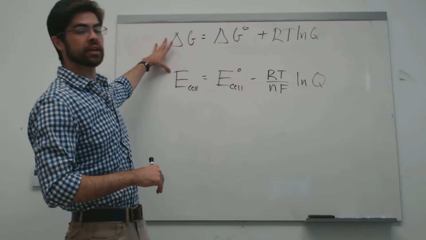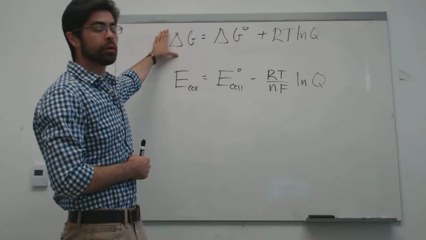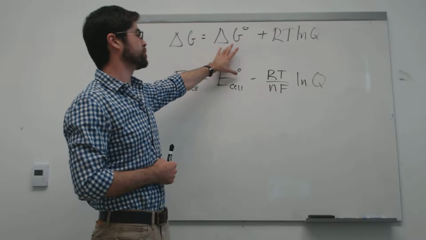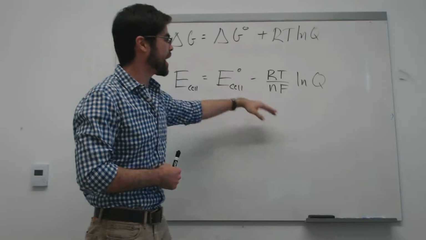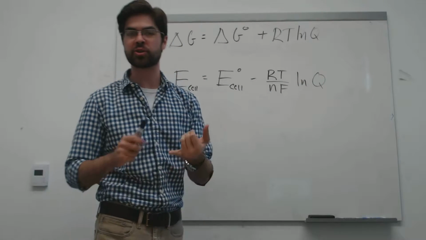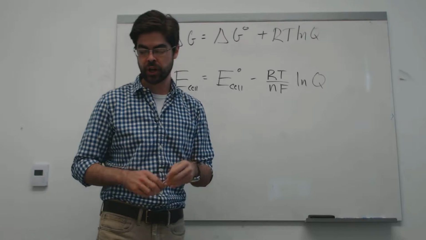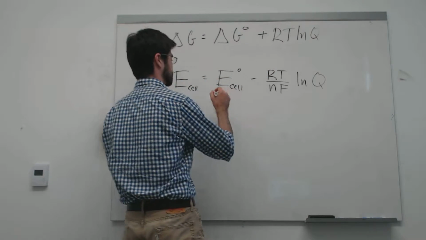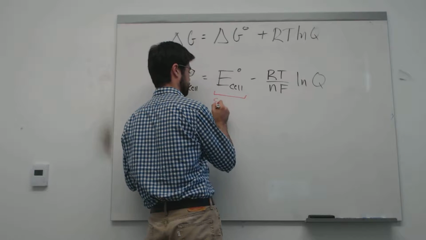How does one particular potential or free energy difference change from its standard conditions as you adjust the conditions, as you change concentrations or change pressures? So the way I think about this is, here is your standard conditions.